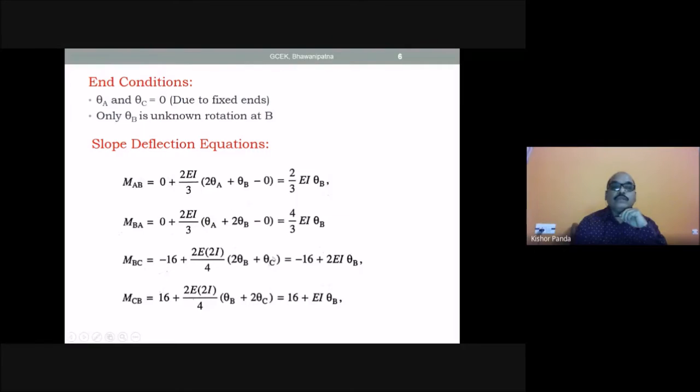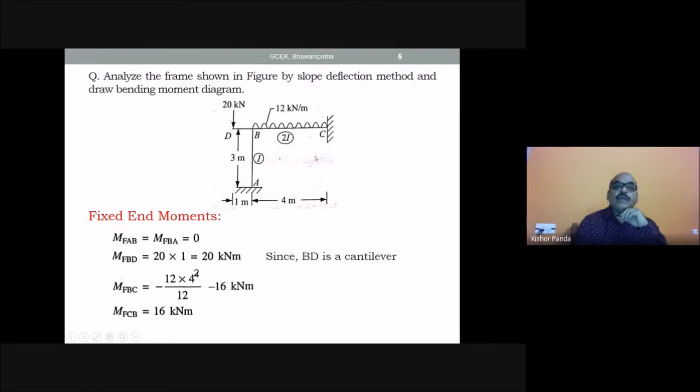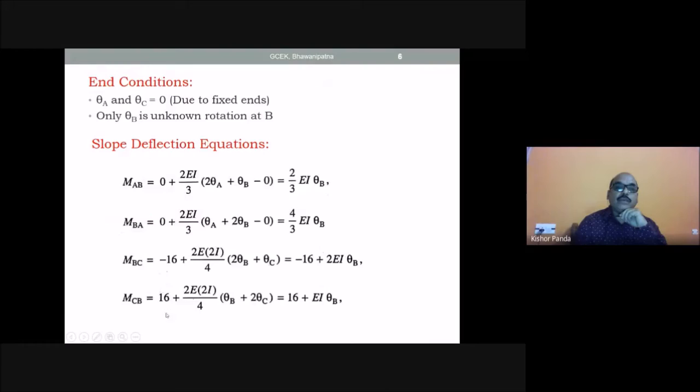So after putting theta C equal to 0, you get minus 60 plus 2 EI theta B. Then similarly find out MCB. Here, take the fixed end moment MFCB plus 2I by 4 into theta B plus 2 theta C. Here also after putting theta C equal to 0, you will get the equation 16 plus EI theta B. So these are your slope deflection equations.